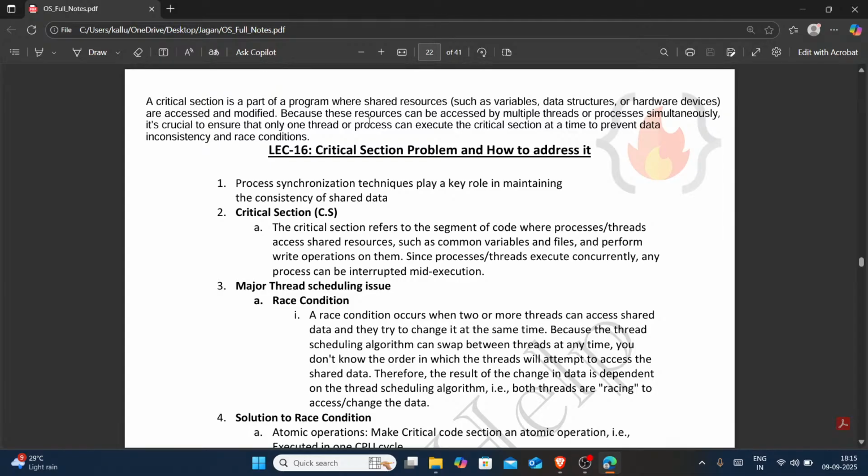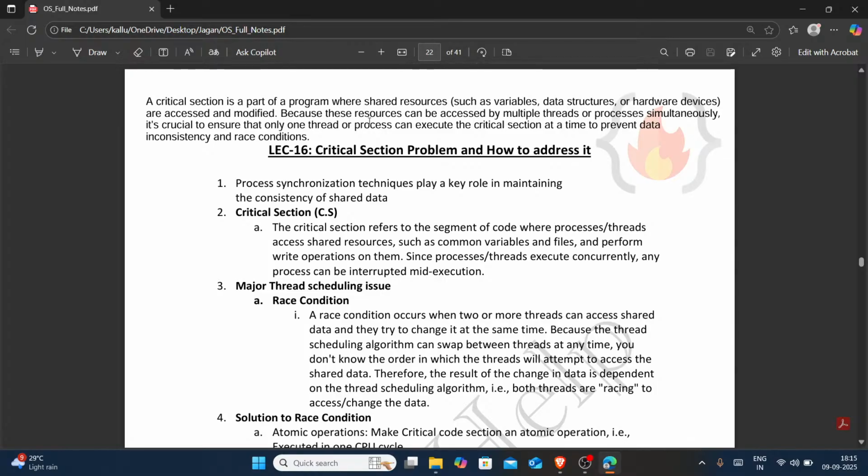These shared resources can be accessed by multiple threads and processes at a time. So we have to somehow manage them in such a way that there will be no inconsistencies.